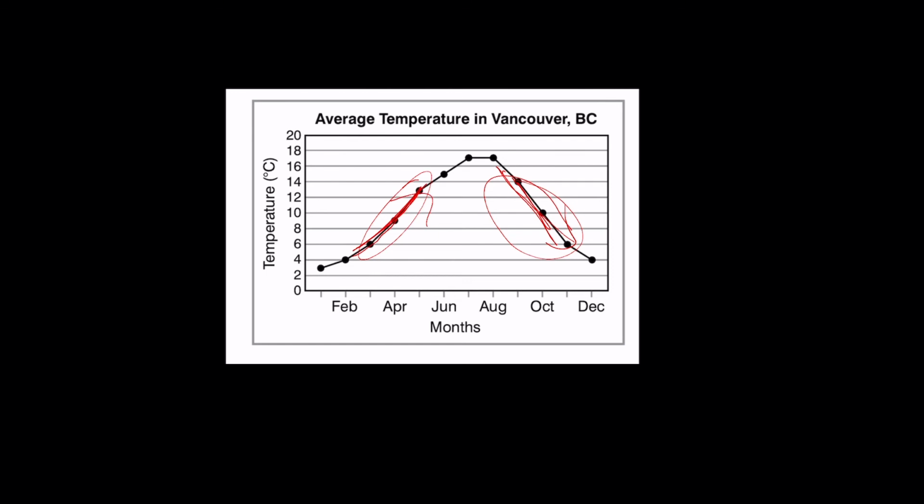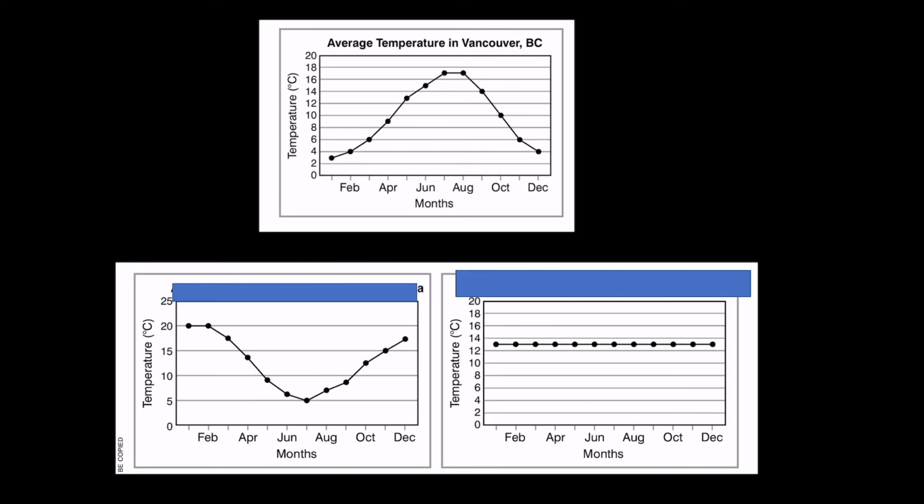Okay, so how do we see these changes on the graph? When the values of the temperature increase, the line goes up, right? And when they decrease, the line is going down. That is not always the case when we're looking at average temperatures. Look at the comparison between Vancouver and this place down here that I'm not going to show you yet.